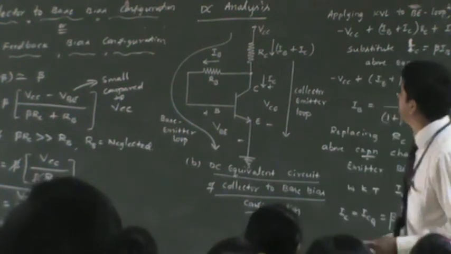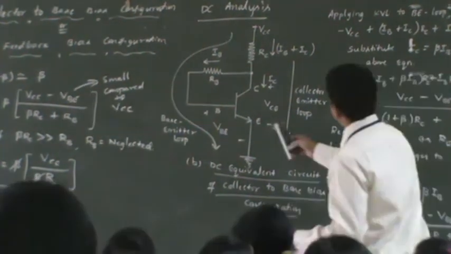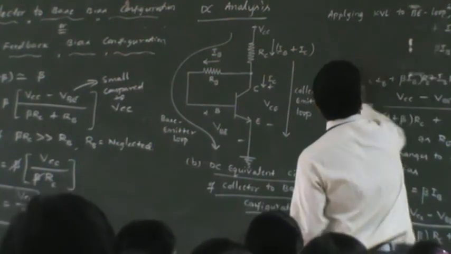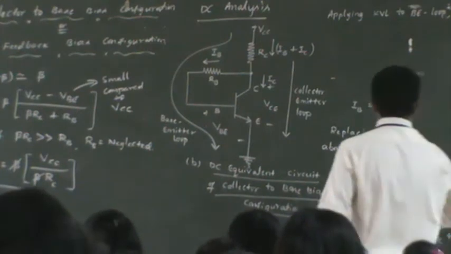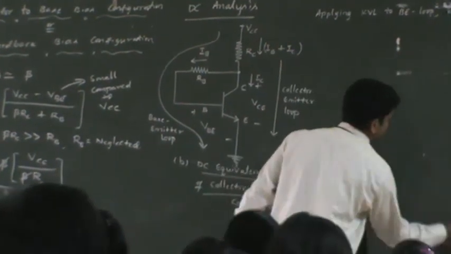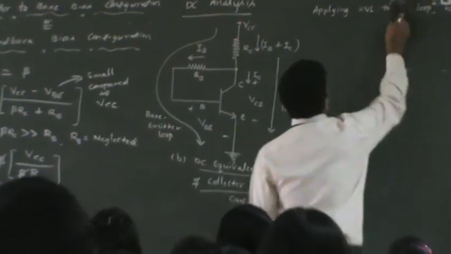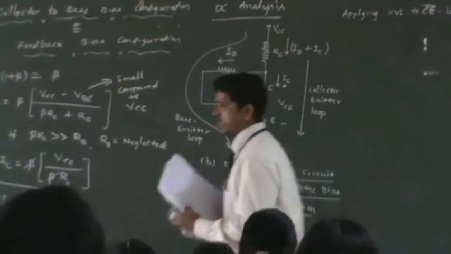Next, we can go for the computation of current and voltage from the DC equivalent circuit by applying KVL to the collector emitter. Applying KVL to the collector emitter node, just apply the expression here.